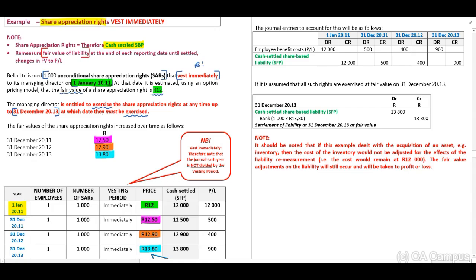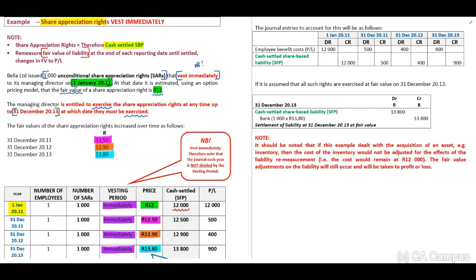Important. Then the next important thing that you need to identify is that our vesting period is immediately. Do you see, guys? Therefore, we do not proportion this per year. On 1 January 2011, the total of our liability amounts to 12,000.